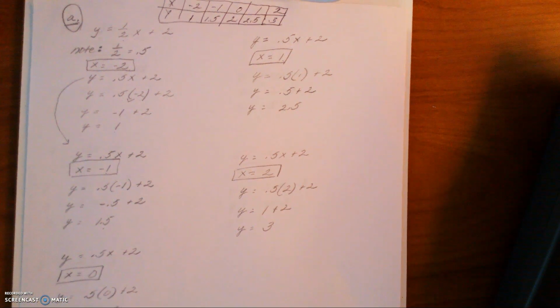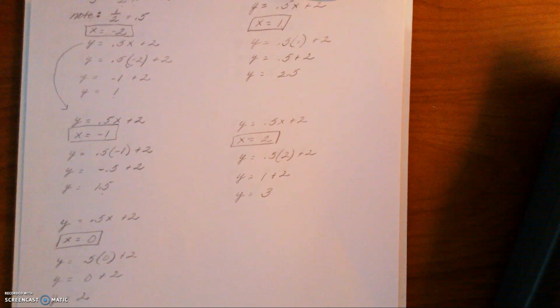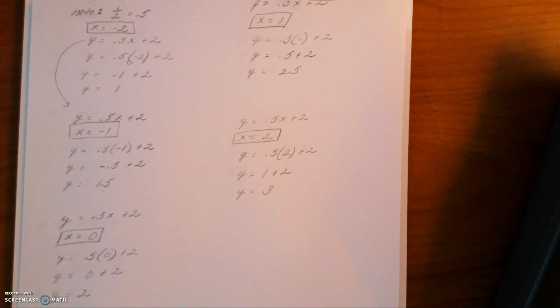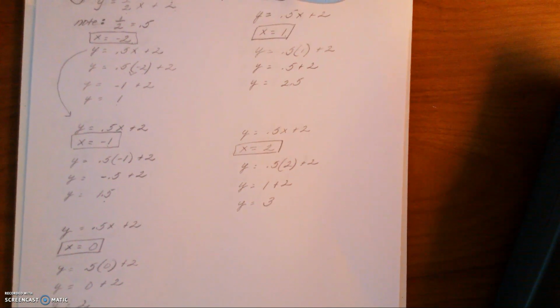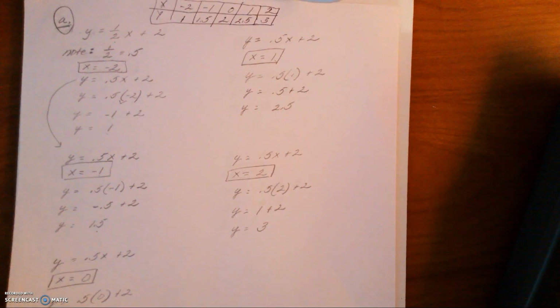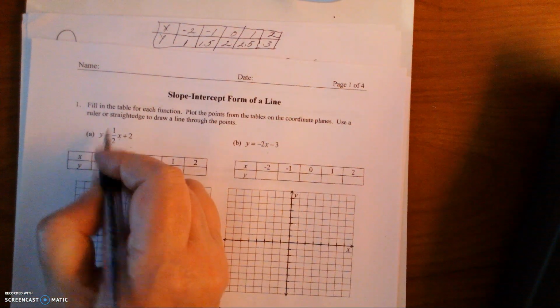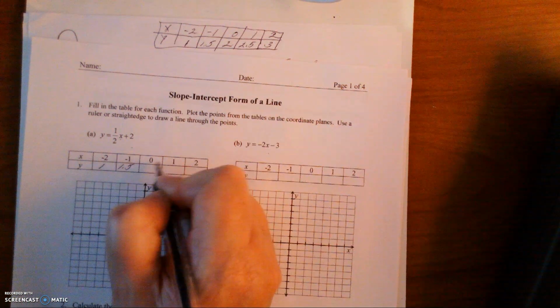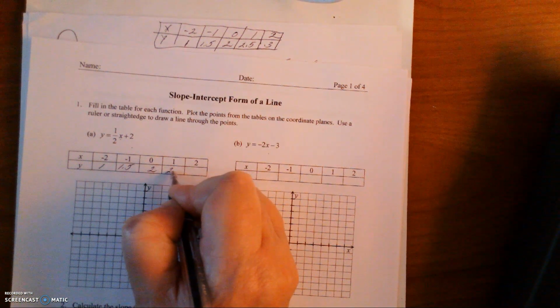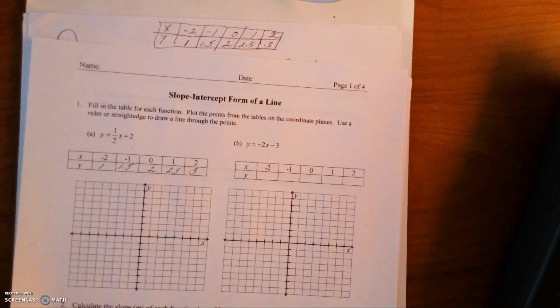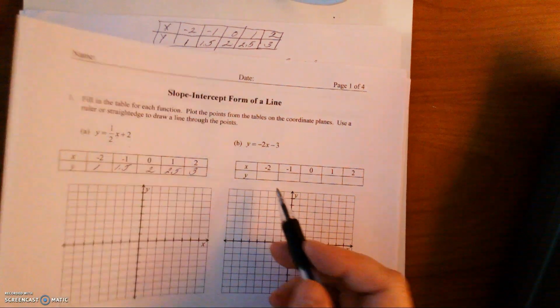And so you can review your answers. And remember, you can pause and move it around if you need to. Okay? So this is A. So if we go back to our sheet, we're going to fill in 1, 1.5, 2, 2.5, and 3. Okay? And now we're going to look at the slope-intercept form for B.